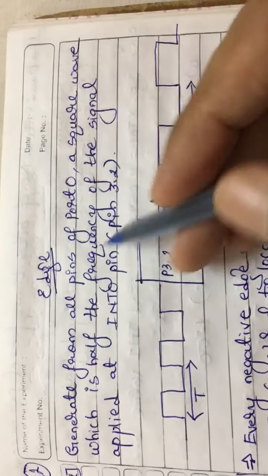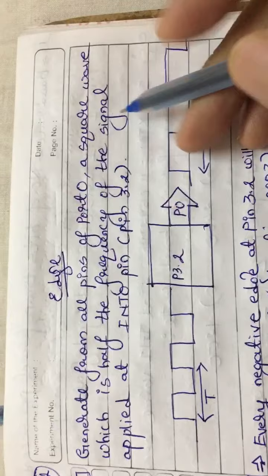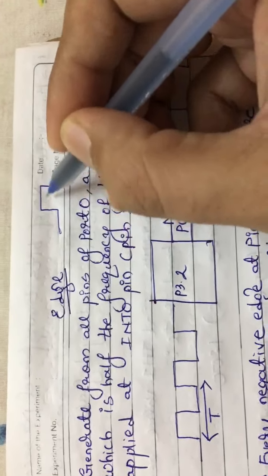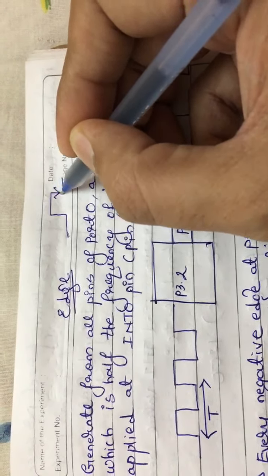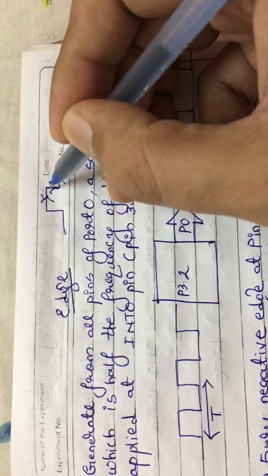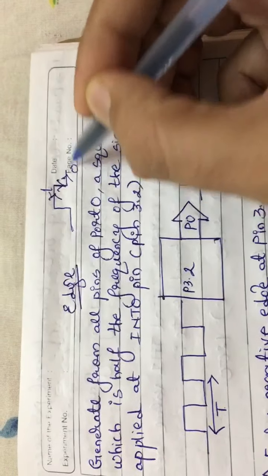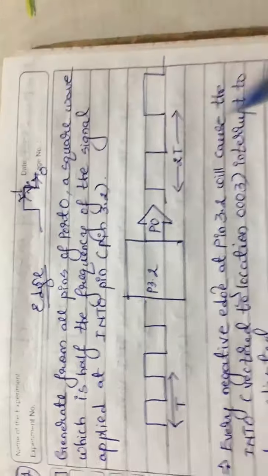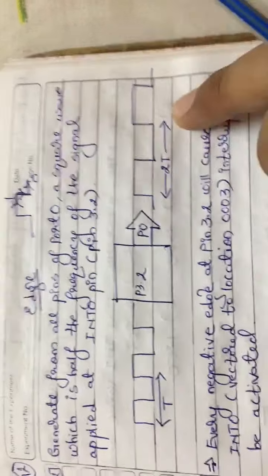So here we need to take the edge triggering from high to low. At this particular instant of time, the triggering has to be done. The square wave has to be generated.